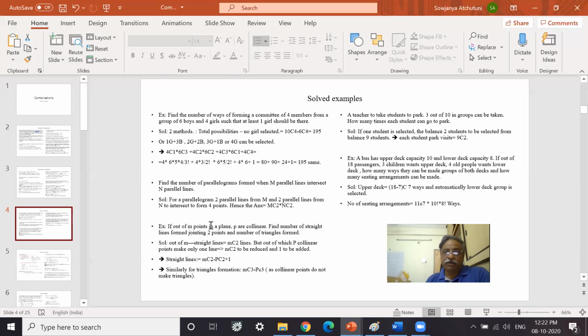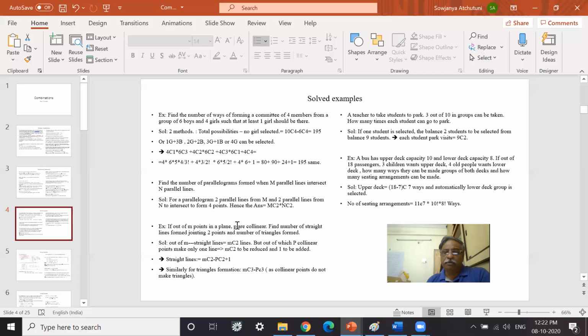Let us say, out of M points in a plane, P are collinear. Find the number of straight lines formed joining 2 points and the number of triangles formed. So here, as I said, earlier we did parallelograms, here we are asked for triangles and straight lines. So out of M points, how many straight lines can be formed? MC2 lines can be formed, because for a straight line, 2 points are required, but out of which P are collinear.